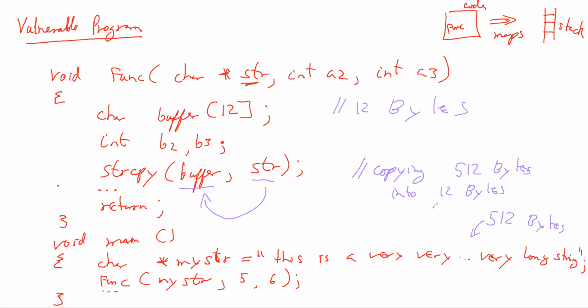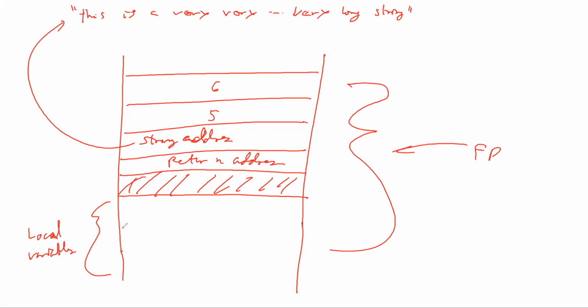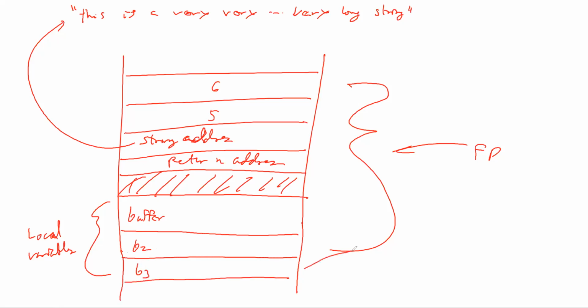So this is going to be buffer. These are the local variables, buffer. And these are going to be B2 and B3. And that's the frame for the function.